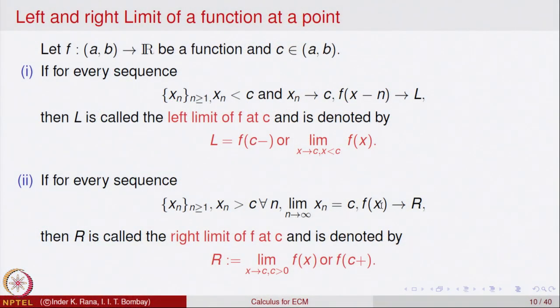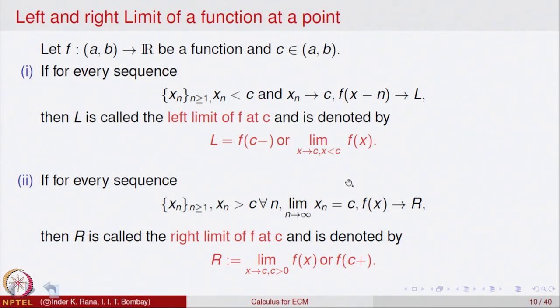Once again, let me apologize for the typo; this should be f of x lower n. The right limit is denoted by R, which is also written as f of C plus. That means you are approaching the point C from the right. That is called the right limit.